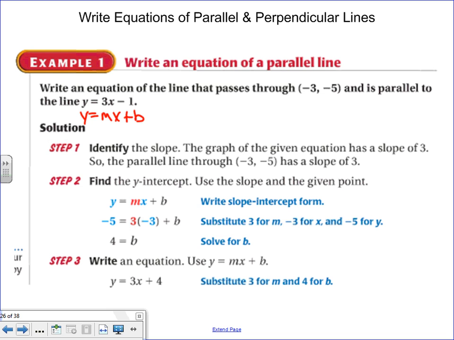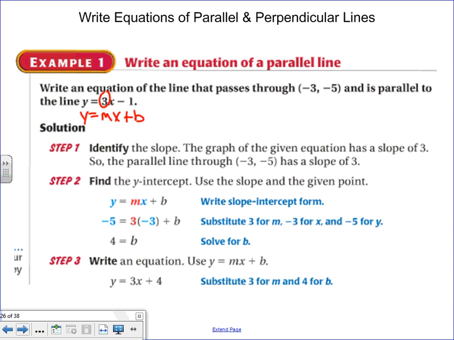So if I'm going to write a line that's parallel to y equals 3x minus 1, what I know about parallel lines is that they have the same slope. So the first step that they did here was they identified the slope. If you look at y equals 3x minus 1, your slope, or your m, is 3.